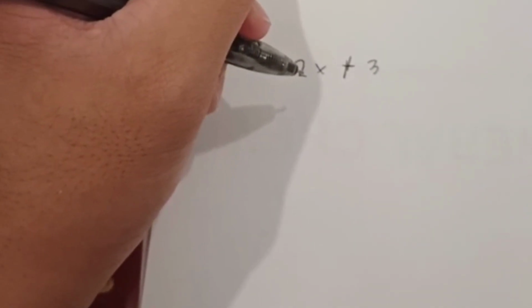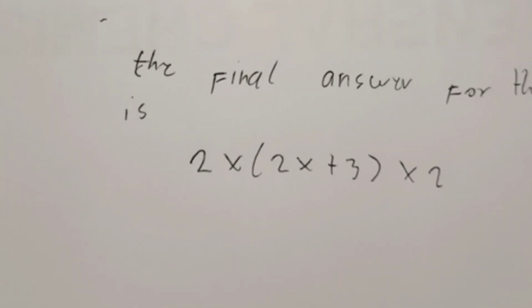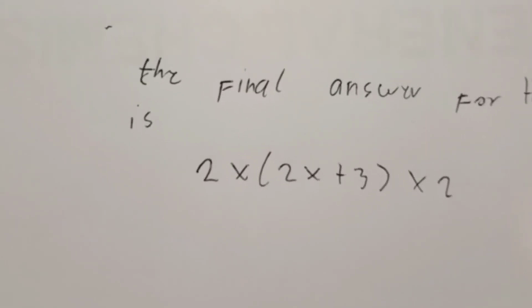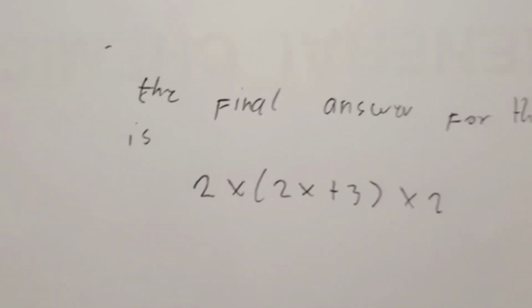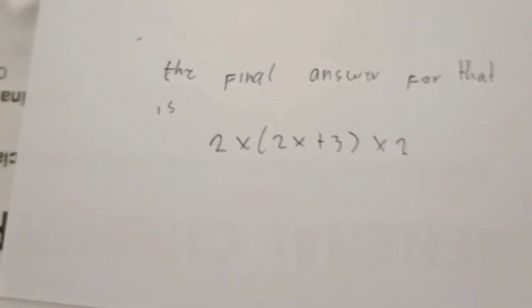The derivative of that is just 2. So the final answer for that is 2 times 2x plus 3 times 2. So that is the final answer of our explanation.